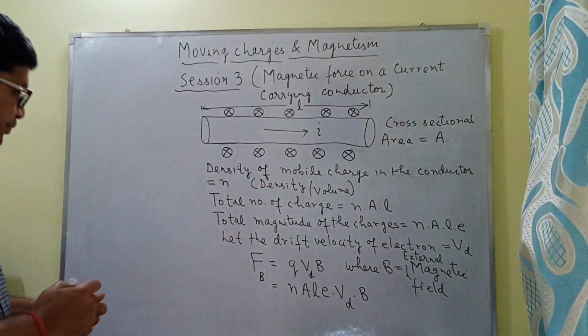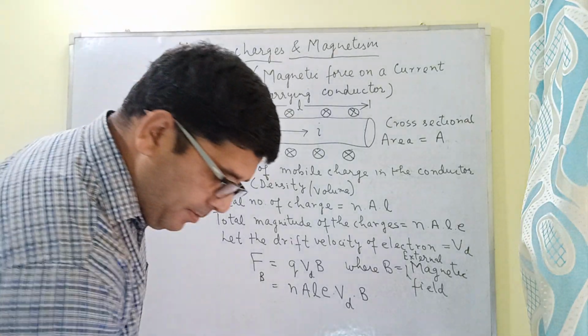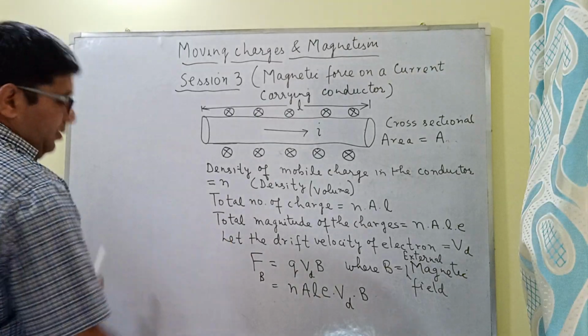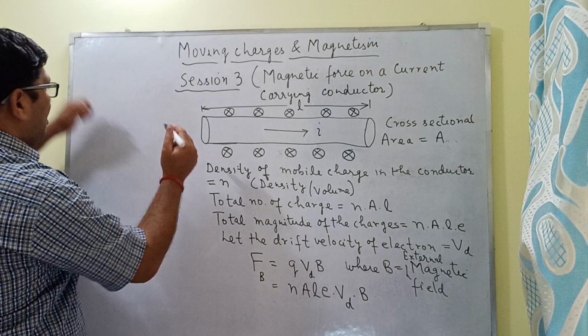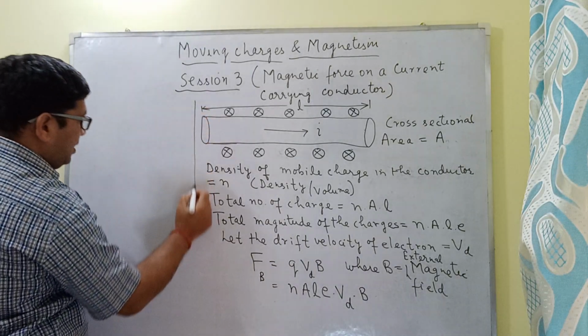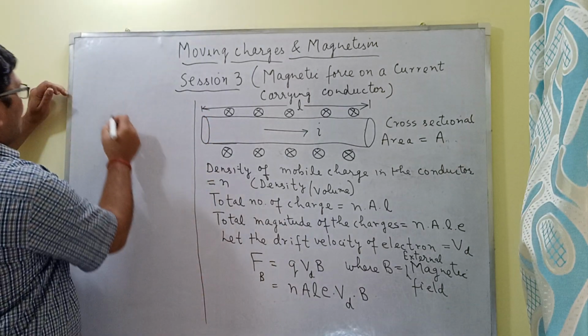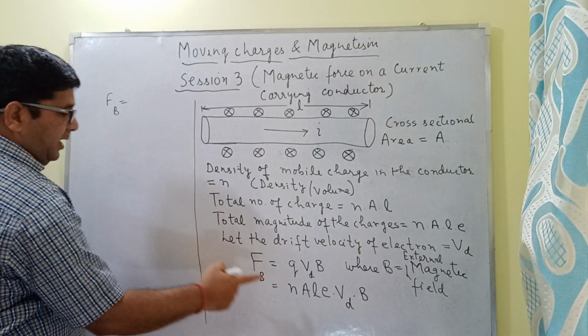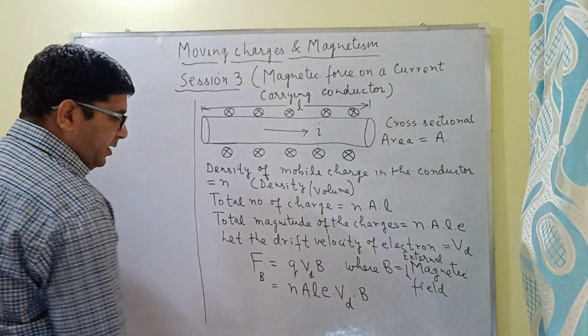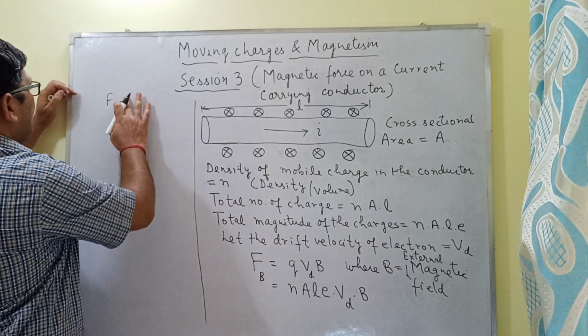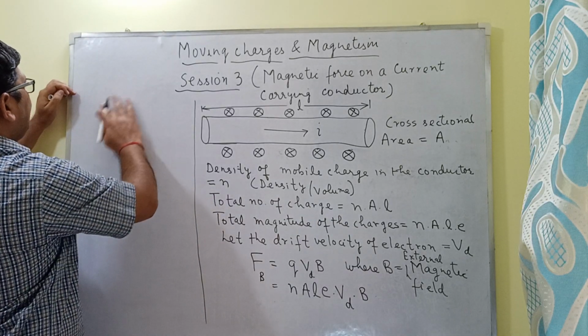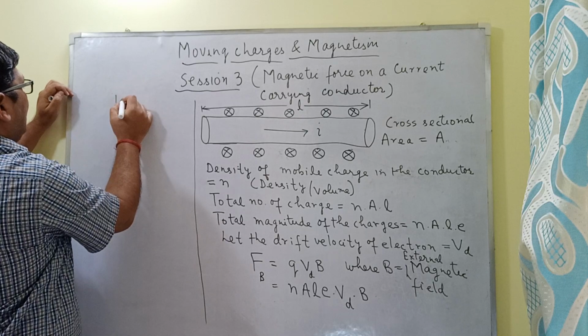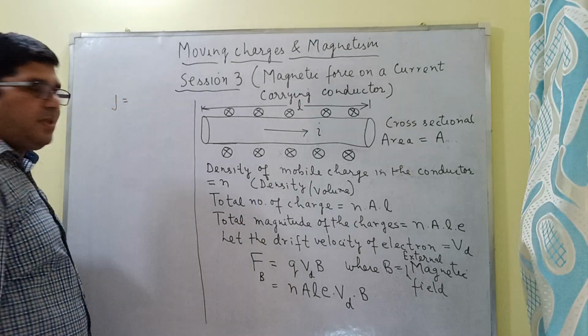Now I will write it here. So here, how much is Fb? Fb will be equal to N A L e Vd into B. Now we know that the current density is J. We have already studied in the chapter of current electricity.